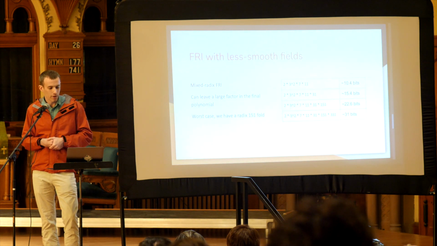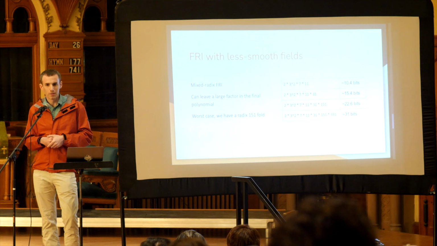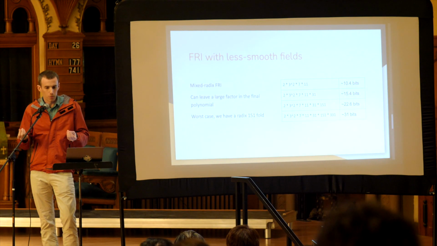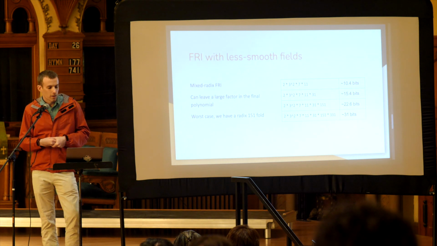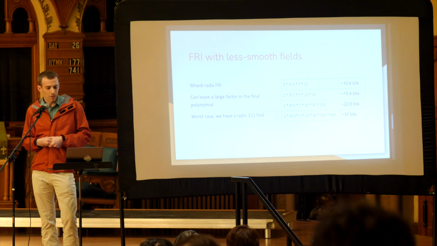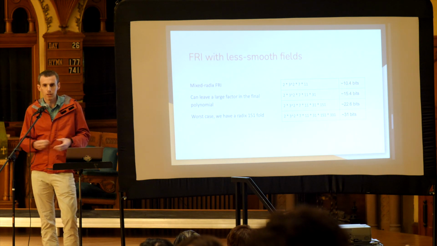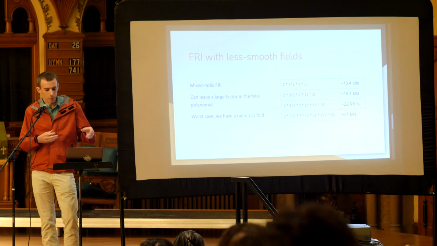FRI is usually used with a very smooth two-adic field, or two-adic multiplicative subgroup, rather. But we can do something like a mixed radix FRI, which is a little bit like a mixed radix Cooley-Tukey FFT, where maybe we have a subgroup.